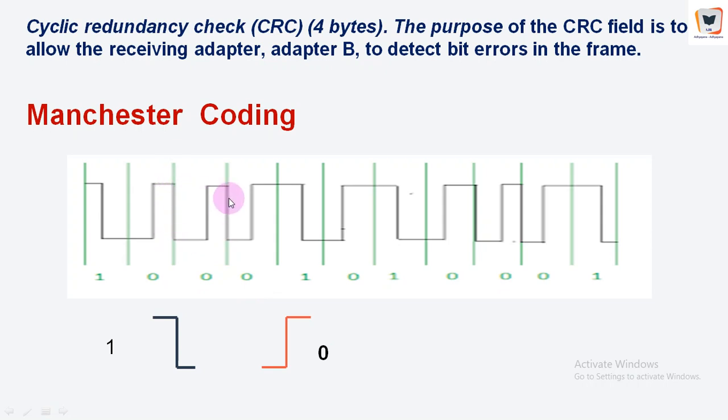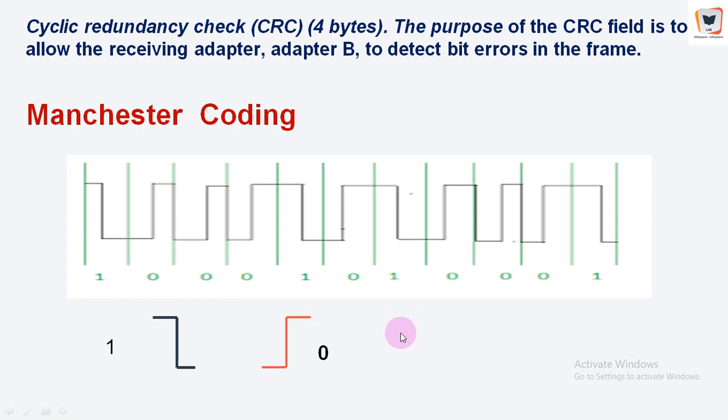Here there is a transition at the boundary, and here there is a change from 0 to 1, so there is no transition. This is how a receiver will be able to identify what is following what bit, what is the bit that is going to come next.